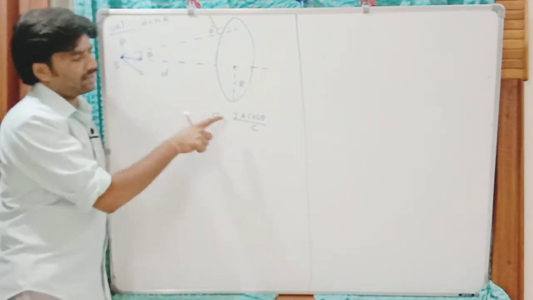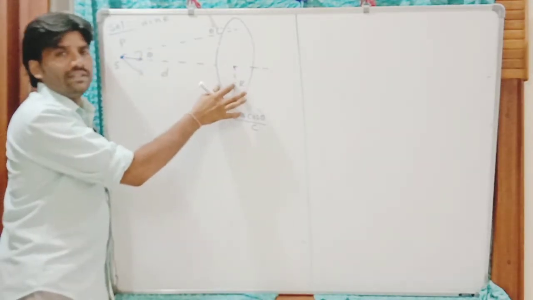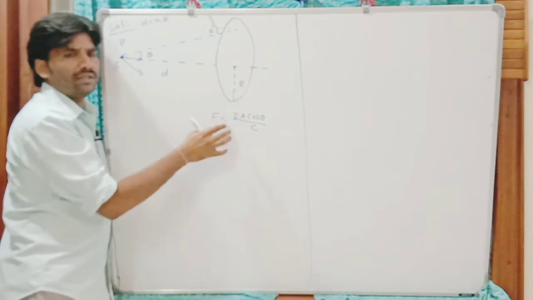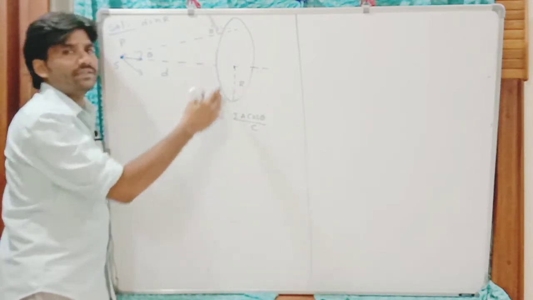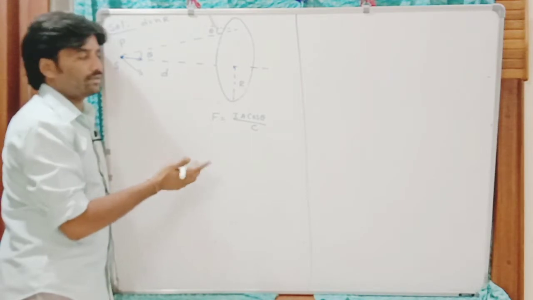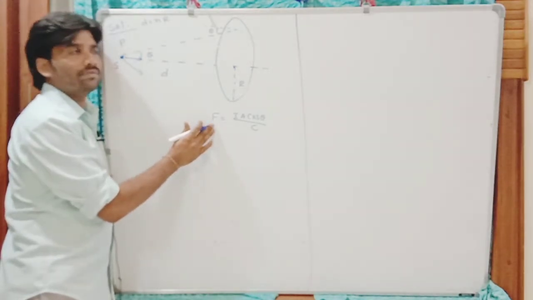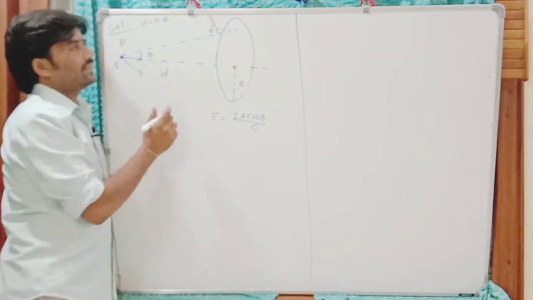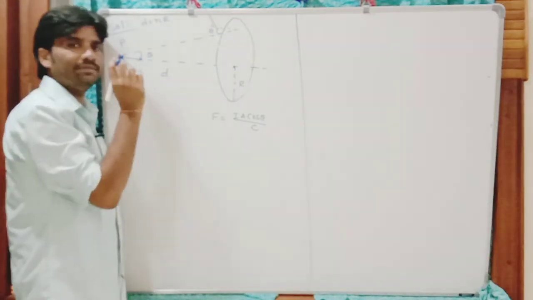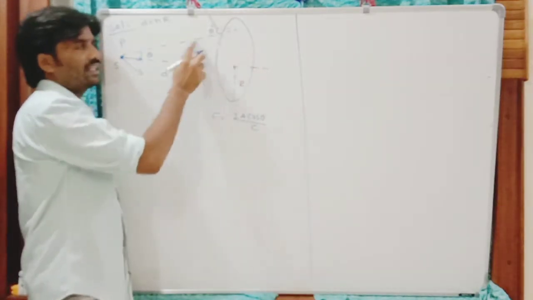But we cannot apply this formula for all the photons striking this disk, because all the photons do not make the same angle with the surface of the disk. They make different angles. So that is why we cannot apply this force formula for all the photons. So let us apply that formula for a few photons which strike this disk with this angle theta.